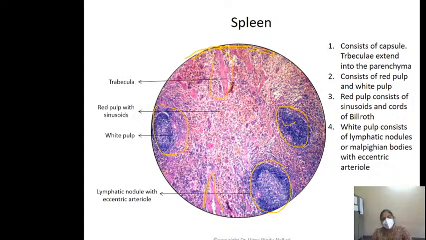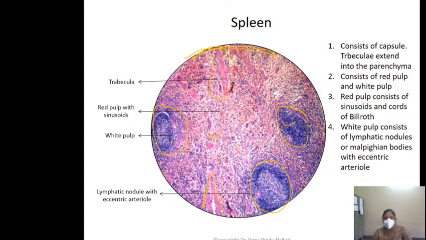That's why these lymphoid aggregations are called the white pulp, and the rest, which is reddish, we call the red pulp. Under the microscope the red pulp will look like this and the white pulp like this. So that is the speciality in identifying the lymphoid follicle of a spleen and of a lymph node.